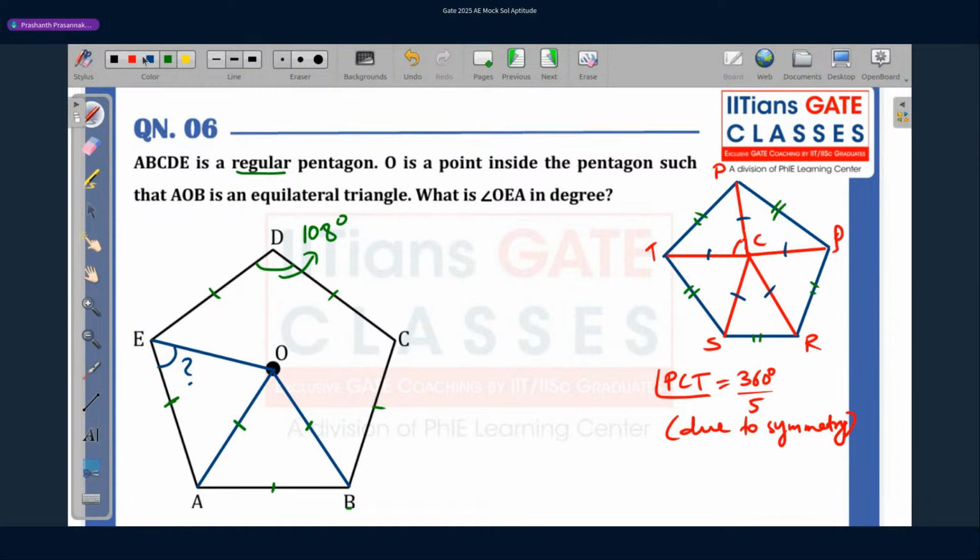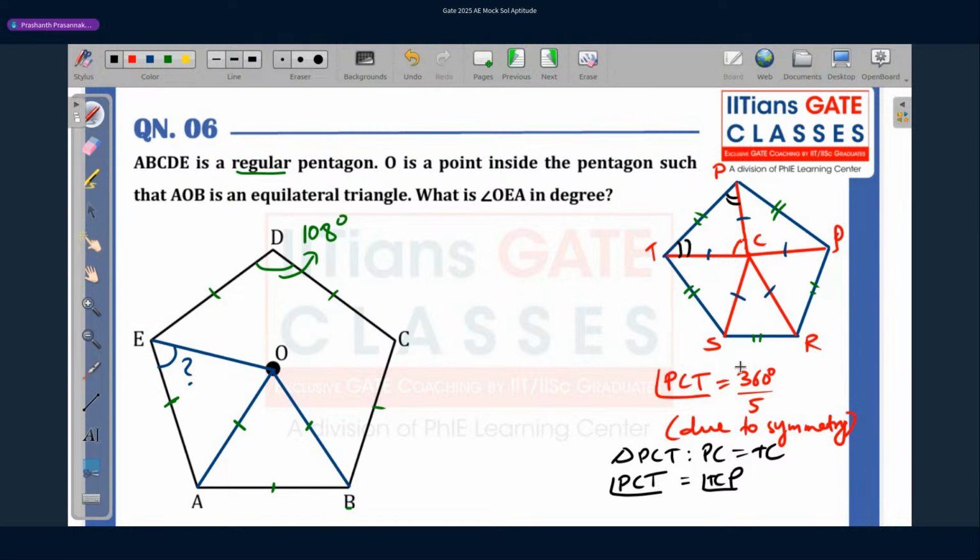So next you tell me what this angle is. First things first, let's see triangle PCT. I have PC equal to TC, meaning it is isosceles. So angle CPT is equal to angle CTP.